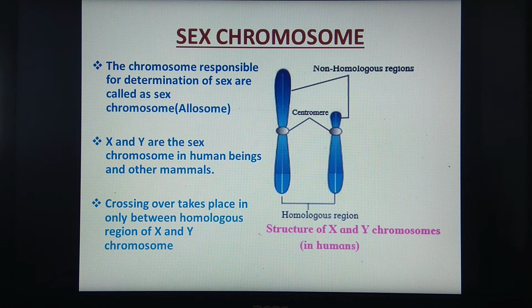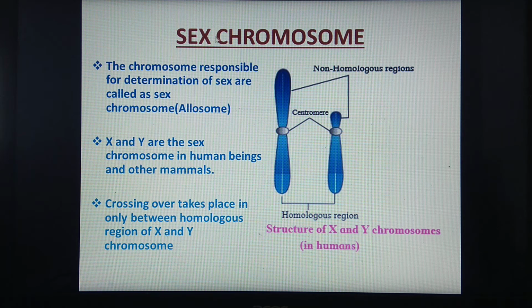Under these types of chromosomes, we have seen that there are two types: the autosomes and sex chromosomes. Autosomes are responsible for determination of body characters, while sex chromosomes are concerned with determination of sex.